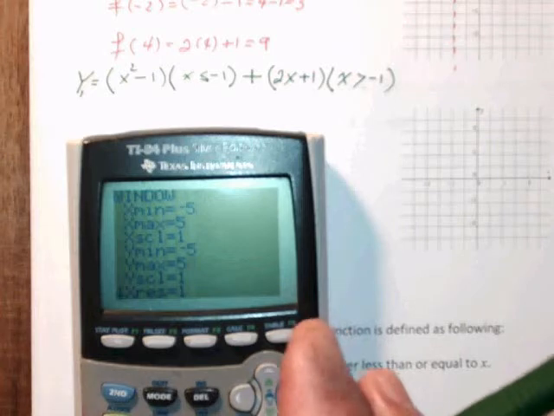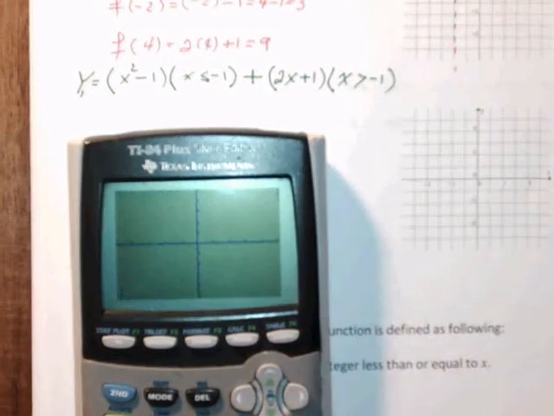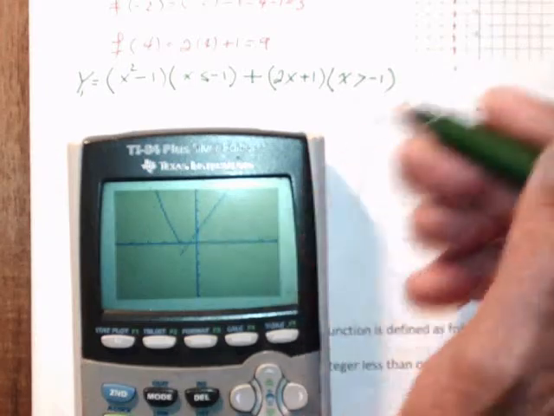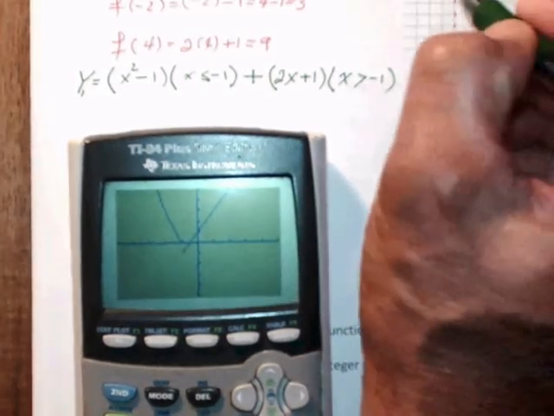And then all you have to do now is just say graph, and if you say graph, you see you get two pieces. One piece to the left side, this is -1 right there. So you get one graph on the left side.